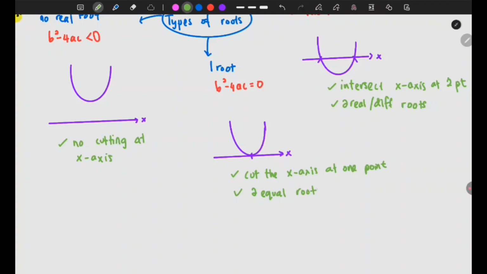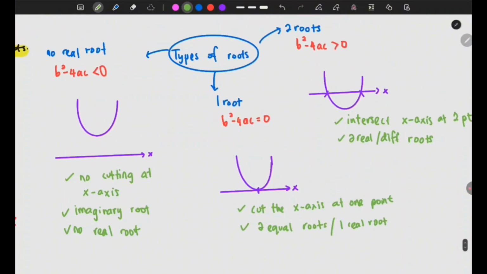This one, imaginary root or no real root. So this is the thing that you have to know for types of roots. There are two roots, one root, and no real roots. And the graph, the equation. Mainly it's the equation because you will use the equation to answer the questions. It's math. So the equation is very important.